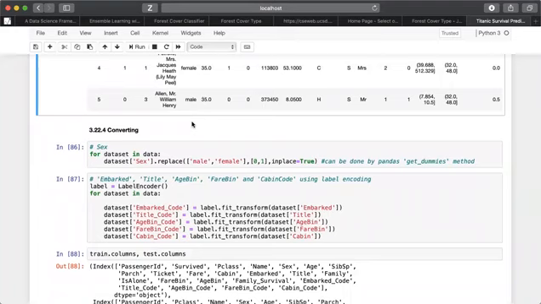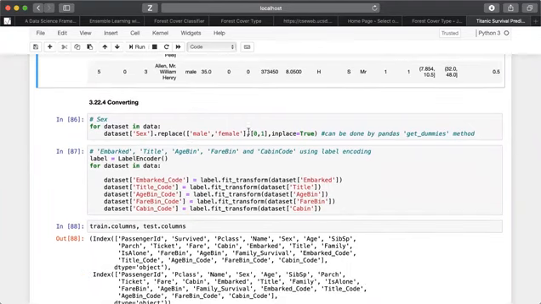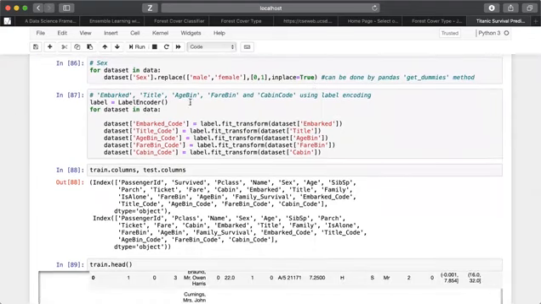For sex, the values are either male and female, so I have just used a simple replace method, male and female to 0 and 1. This can also be done either by using mapping or by using dummies. For the rest, embark, title, age bin, fare bin, and cabin code, I have used the label encoder.